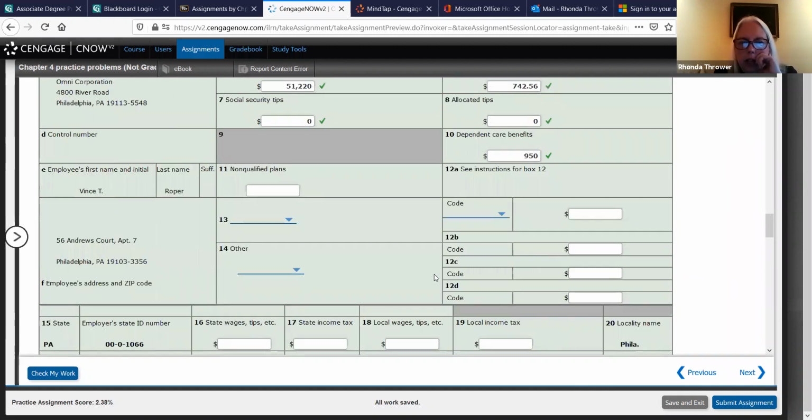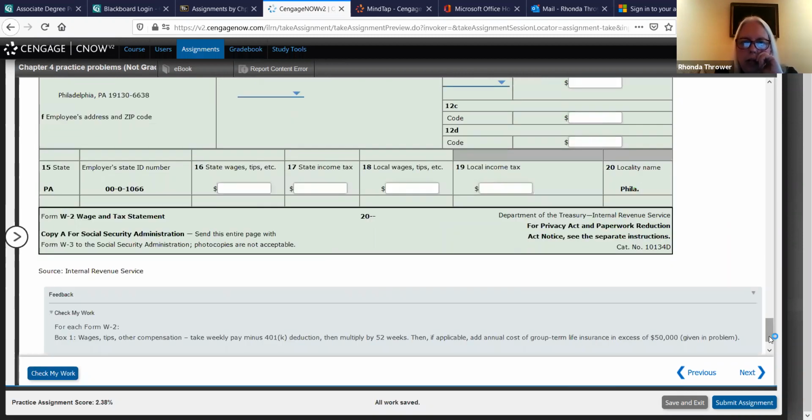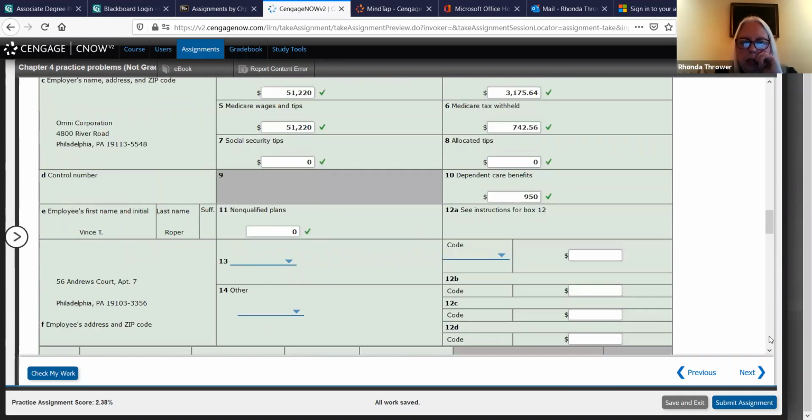You're not going to enter anything in for non-qualified plans, so nothing goes there. Let me see if we put a 0 there, if it'll affect anything. But we don't know anything about a non-qualified plan, so nothing should go there. Yeah, it checked okay.